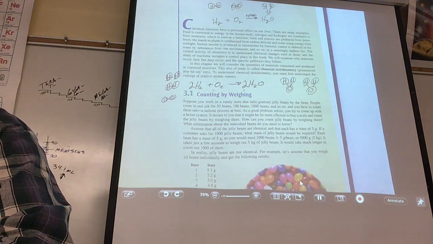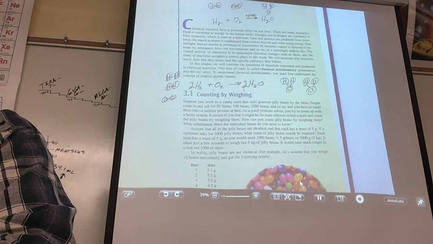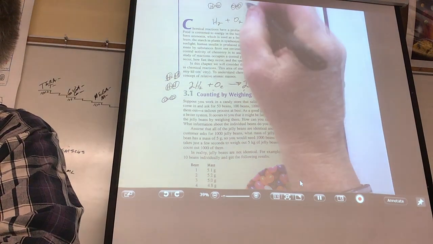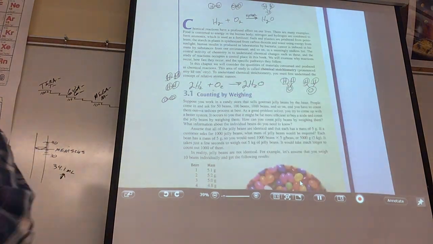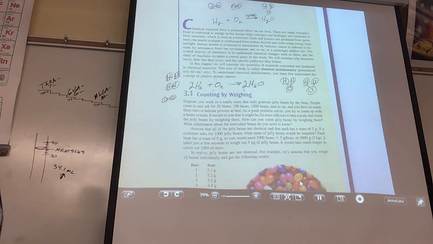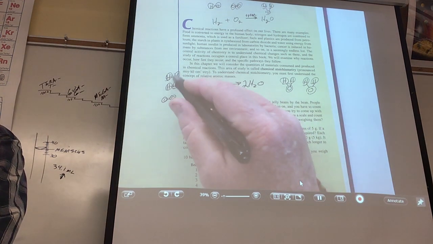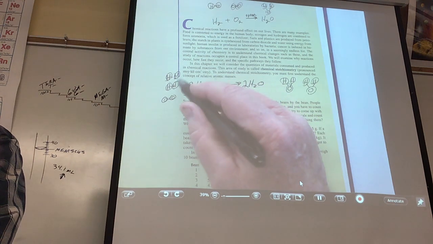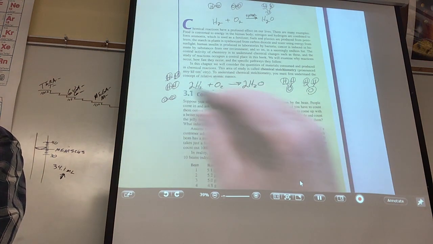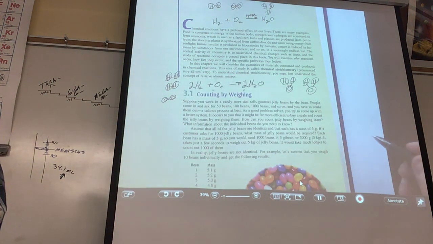And so the whole thing didn't make sense until they figured out I can actually count these, and then that's when you balance equations. So we balance equations to make sense in the world of how many atoms are reacting with how many atoms. And that makes sense. If I draw two of those, two of these, and one of those, then you could rearrange those and form two waters. And that's what balancing is all about.